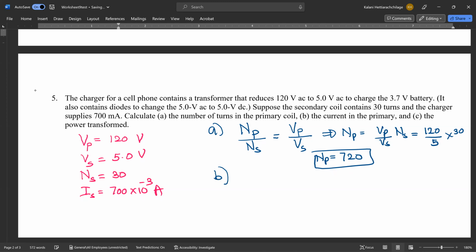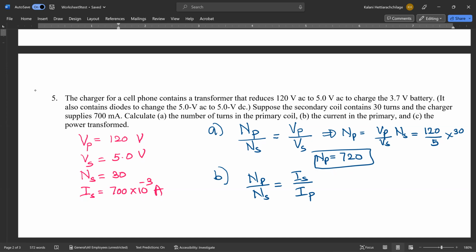B is the current in the primary coil that we need to find. The current relation will be different. You know that the voltage ratio is equal to NP over NS, the same ratio, but the current ratio will be opposite. That means NP over NS will be equal to the current of the secondary coil divided by the current of the primary coil. I have this information in your lecture part, so make sure that you watch it to see how you get these relations.